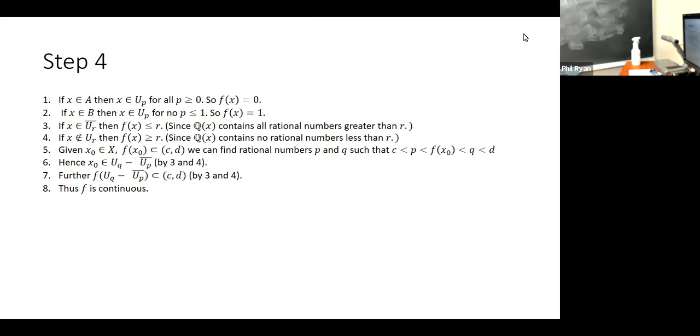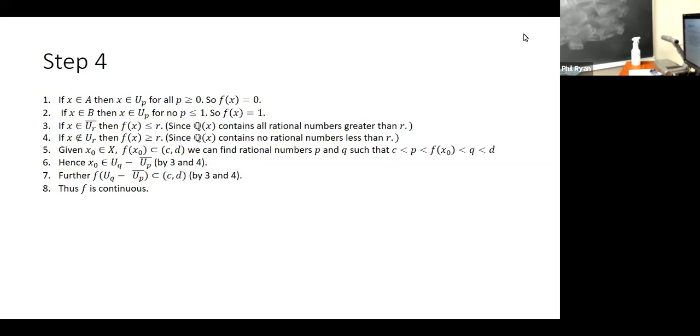And then continuity is the one thing that we need a moment to think about. But the way we've set it up, continuity comes straightforward, because if x is in the closure of U_r, then f of x has to be less than or equal to r, right?